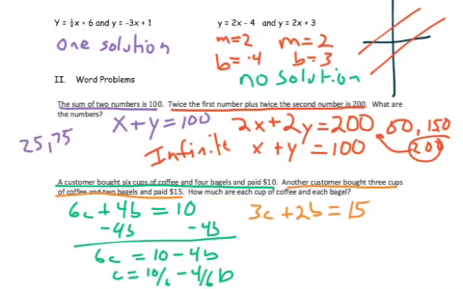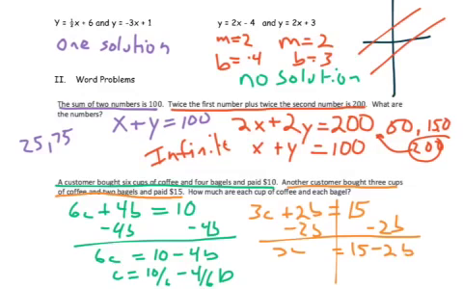So let's compare that slope and that y-intercept to the other equation. So here I'm going to subtract 2b from both sides, minus 2b. That's going to give me 3c equals 15 minus 2b. Divide by 3. That gives me c equals 5 minus 2/3 b.